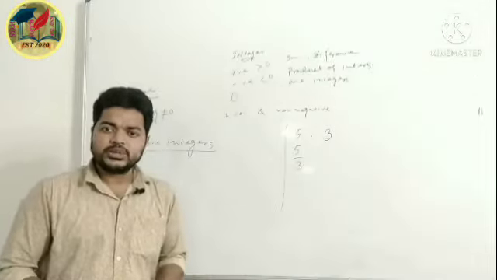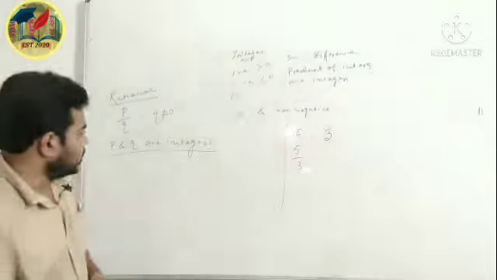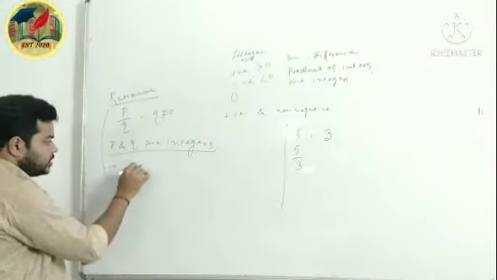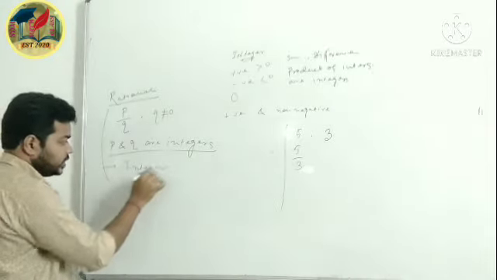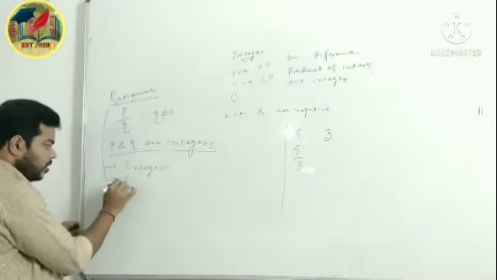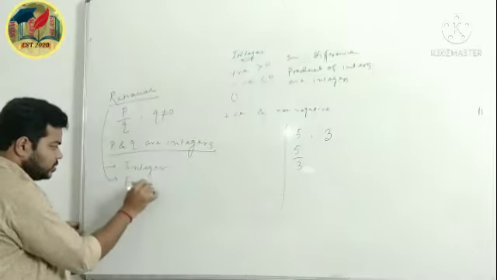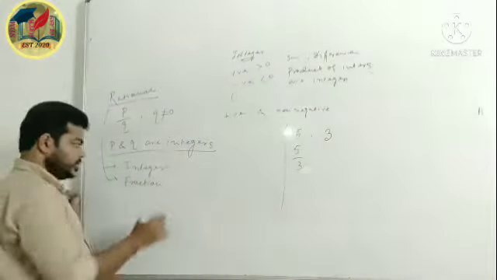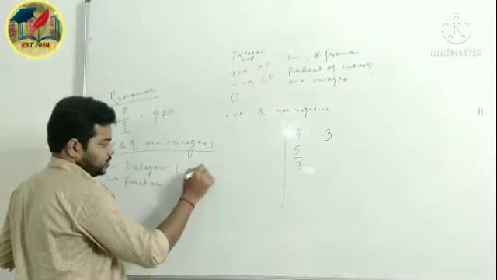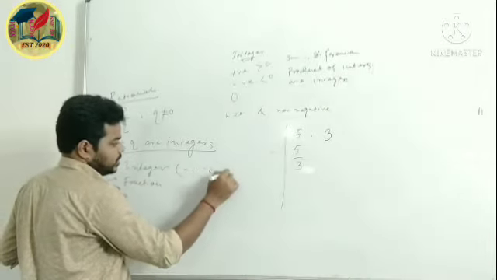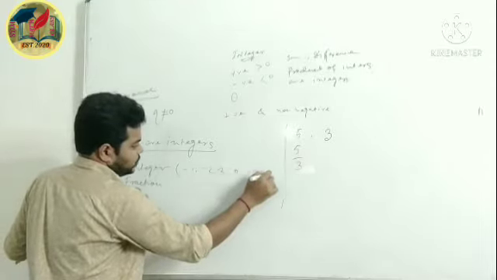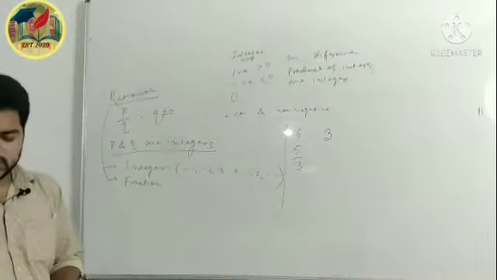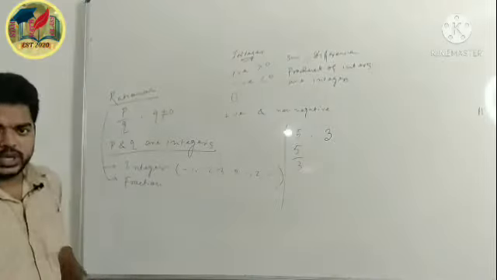So how many types of rational numbers are there? There are some types of rational numbers. One is integers and the other is fractions. Integers means minus 1, minus 2, minus 3, 0, 1, 2, 3, etc. All these are integers, and integers are also rational numbers.